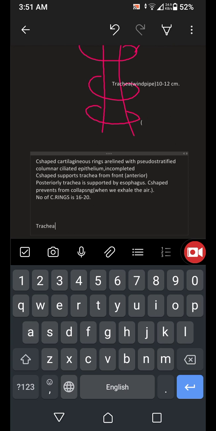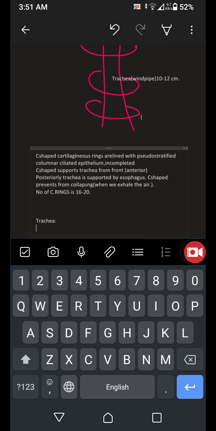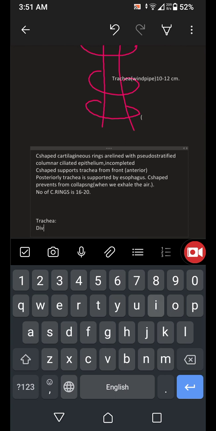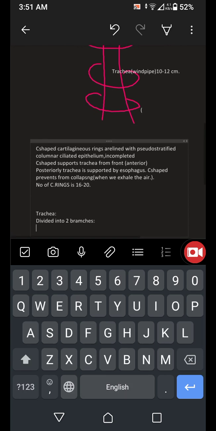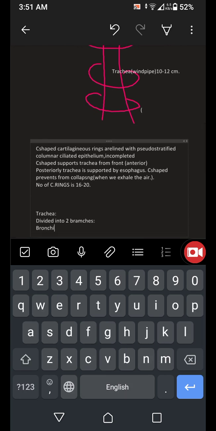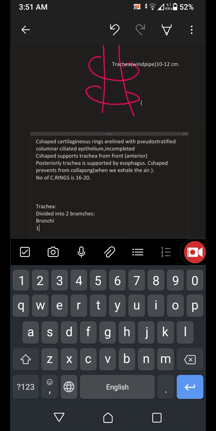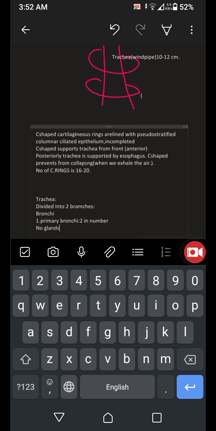Now, if we talk about the trachea, the trachea is basically divided into two branches, that is known as bronchi. The first one is primary bronchi, that is two in number. No glands are present.